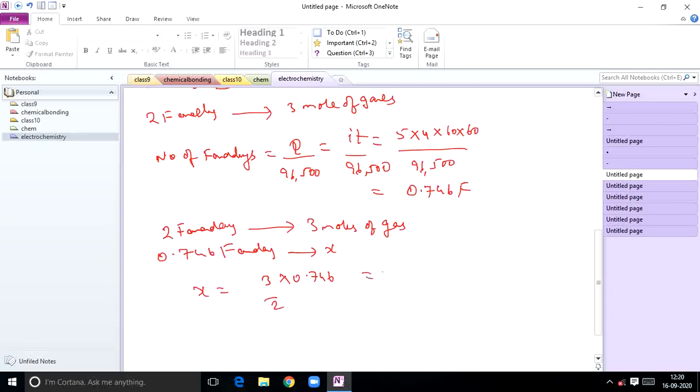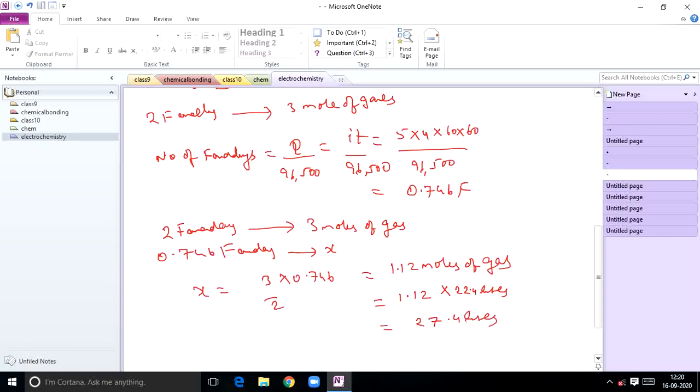So you will get approximately 1.12 moles of gas. So you convert that 1.12 moles into 1.12 into, you can take 22.4 liters. So you will get approximately 27 something 0.4 liters.